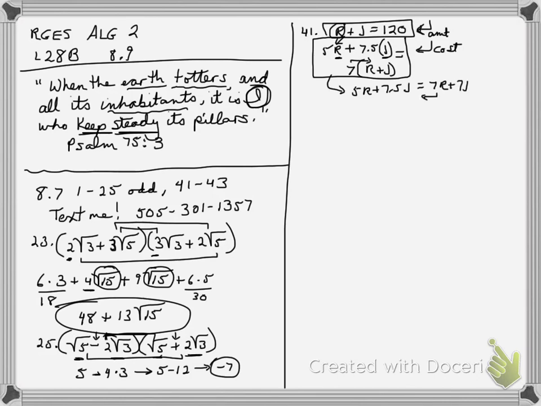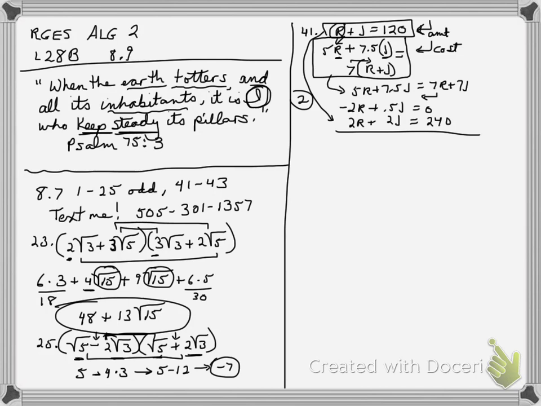Taking them to the left side, I would get negative 2R plus 0.5J equals 0. Taking this one down and multiplying it by 2, I'm going to get 2R plus 2J equals 240.